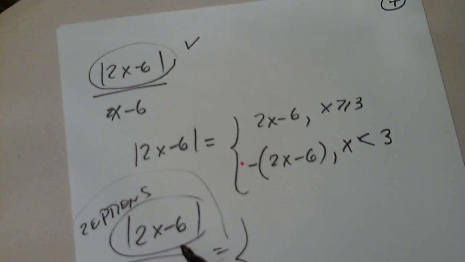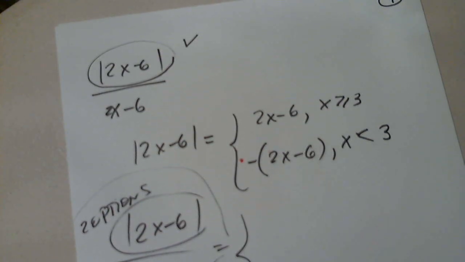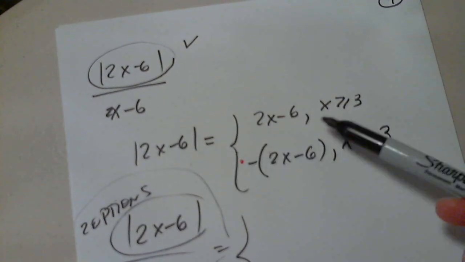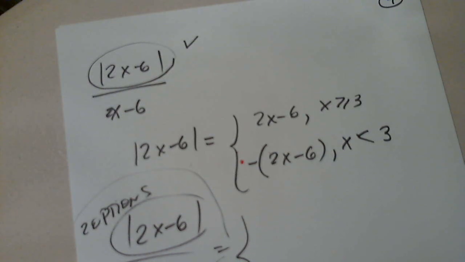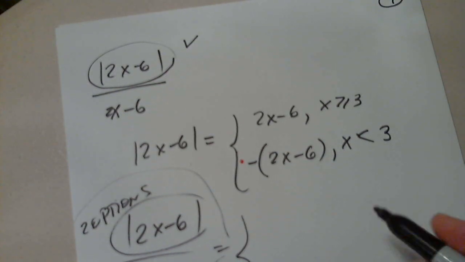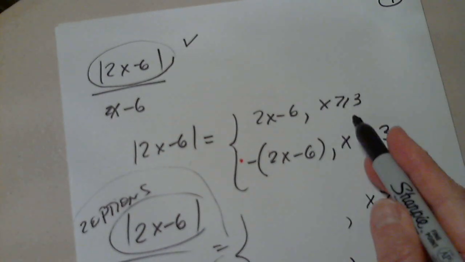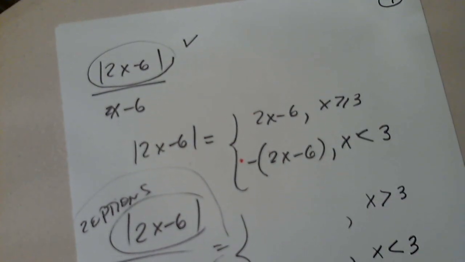When the top is 2x minus 6, notice that x cannot be 3. Here it's okay to have included, but here it's not okay because the denominator will be a problem. So I will have two options: one with greater than 3, never equal because of the denominator, and the other one less than 3.